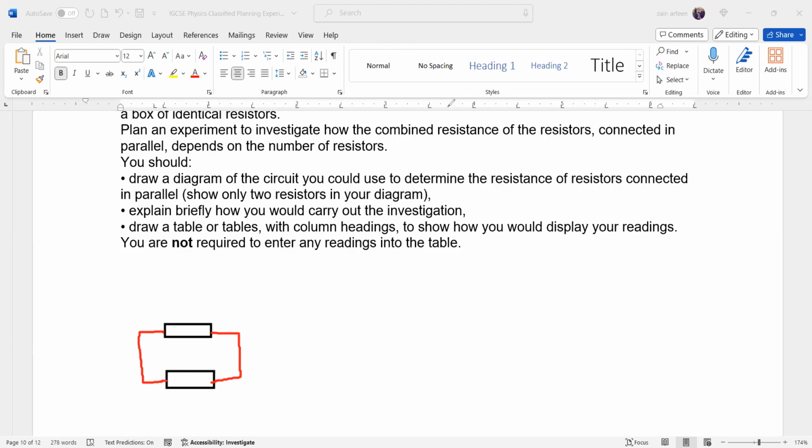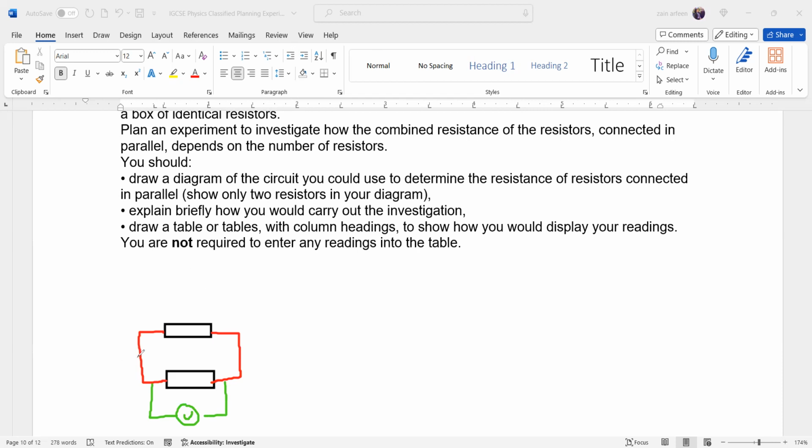So voltmeters are always connected in parallel. And because we know that voltage is the same in parallel, we connect a voltmeter. You can connect anywhere, above the first one, or the bottom, or in between. It does not make a difference.